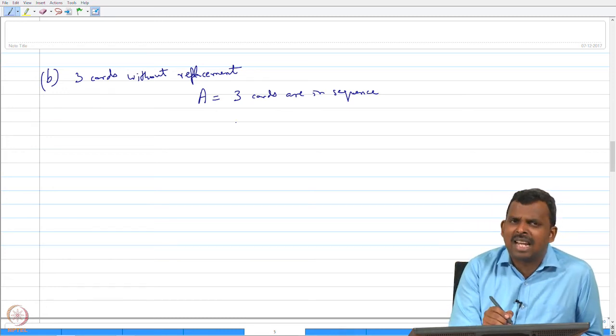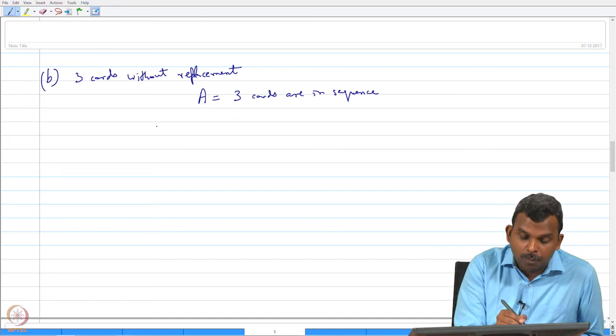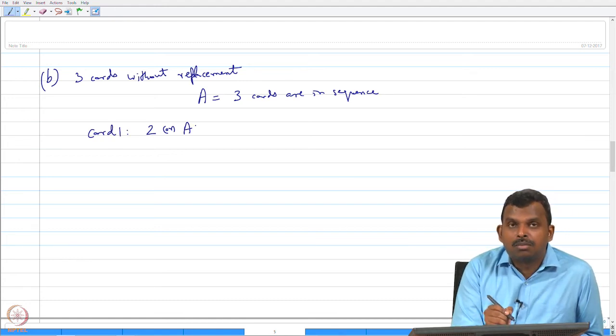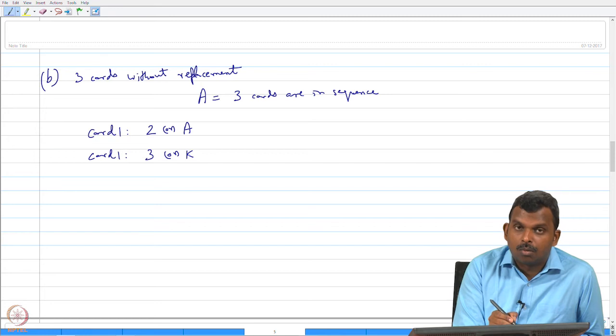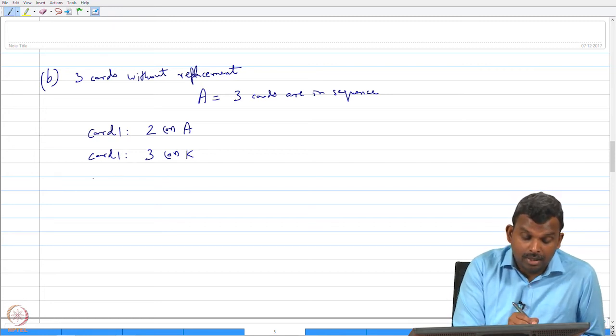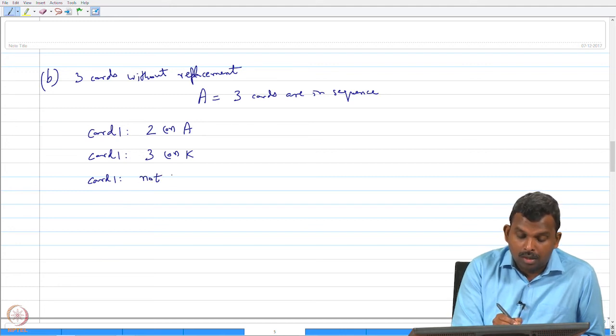So, what are the various things that can happen in the first card that affects you? If your first card, card 1, is 2 or ace, something will happen, and then if your first card is 3 or king, it also impacts in another way, and then if card 1 is not 2 or ace or 3 or king, then something else will happen.